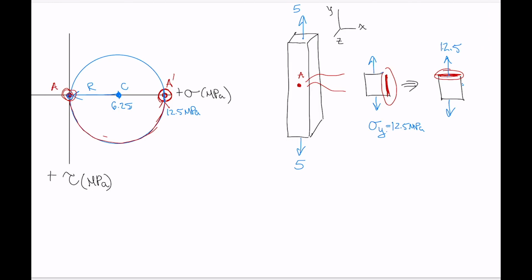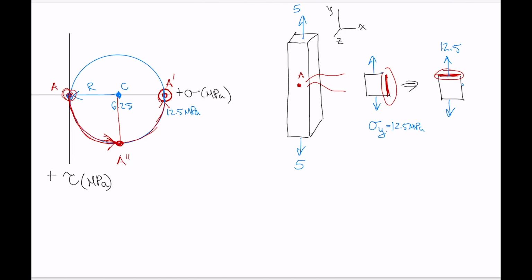Now, if we instead move point A to a point that is located right here at the bottom of the circle, let's call this A double prime. So we go from point A to that point on the circle. That's a rotation of 90 degrees around our circle.